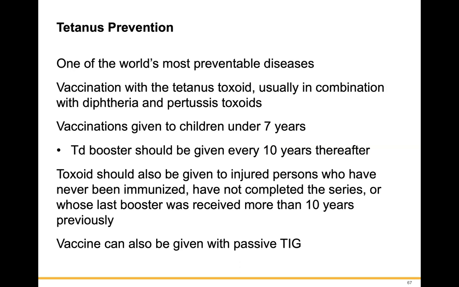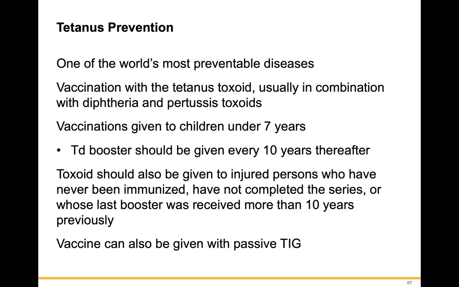Now, tetanus is one of the world's most preventable diseases. Vaccination is with tetanus toxoid, usually in combination with diphtheria and pertussis, referred to as the DPT vaccine. Vaccinations are given to children under 7 years, and then you have a tetanus booster, which should be given every 10 years thereafter.